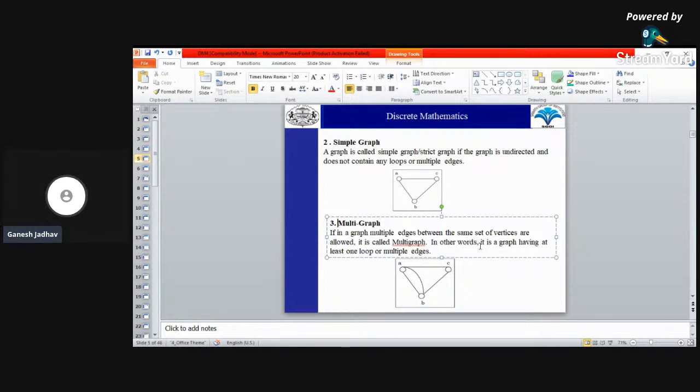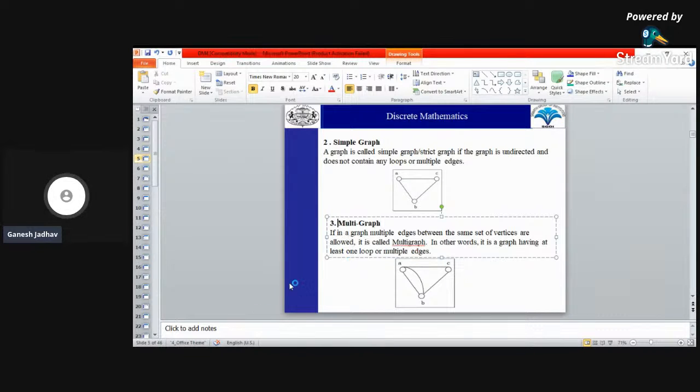In other words, it is a graph having at least one loop or multiple edges. Here is a particular graph with A, B, C. In this graph there are two edges between A and B, but in a simple graph there is only one edge. So these are multiple edges, and we can say that this is a multigraph.